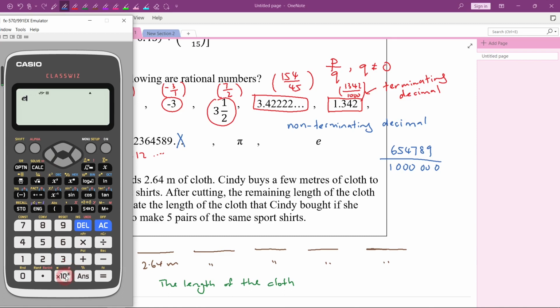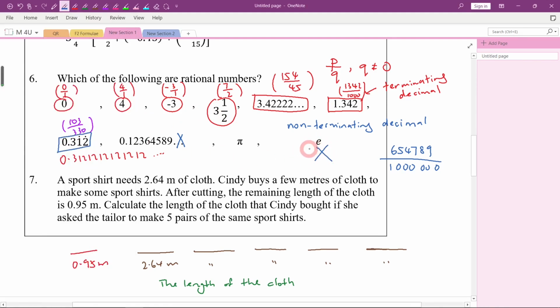So press this, the calculator will give you Euler's number, press equal. It also goes on infinitely, no end point. You don't see any repeating part, right? So Euler's number is not a recurring decimal. Pi is not a recurring decimal. So pi and other numbers like this are not rational numbers. We are not able to write them in fraction form.